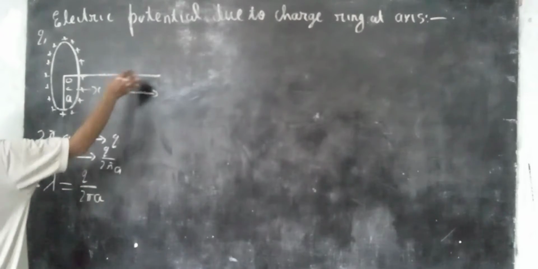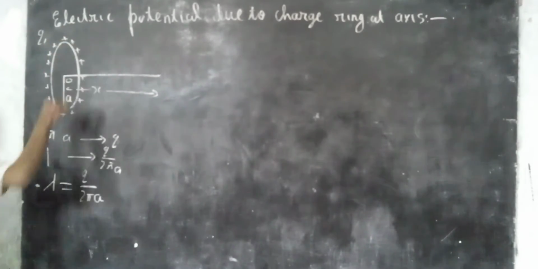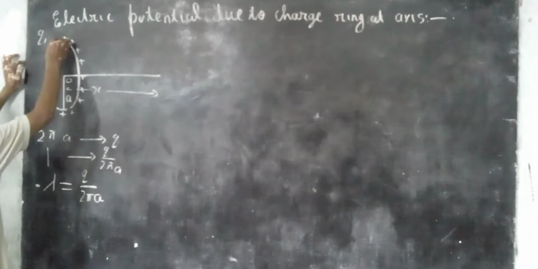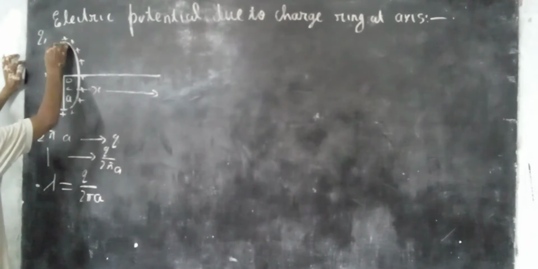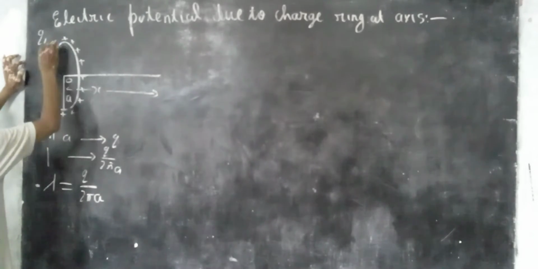So to find potential at this point, here the charge distribution is continuous. So we take a small element of this ring, let PQ be of length dl.